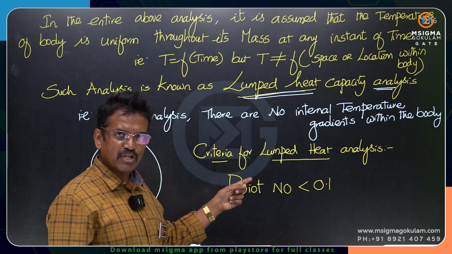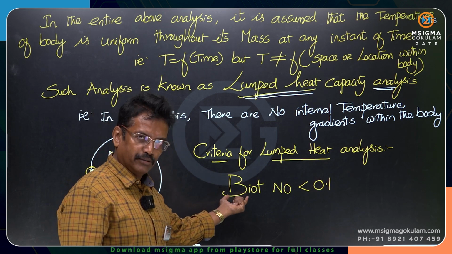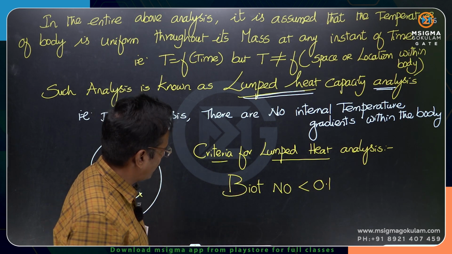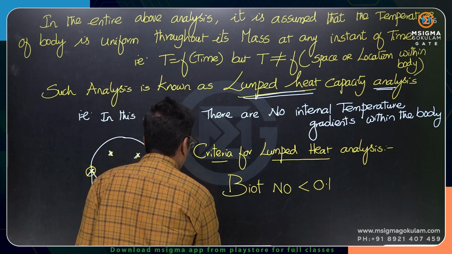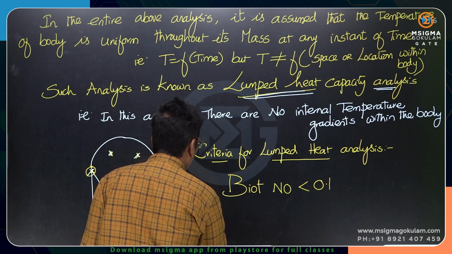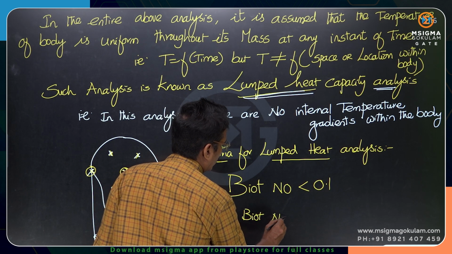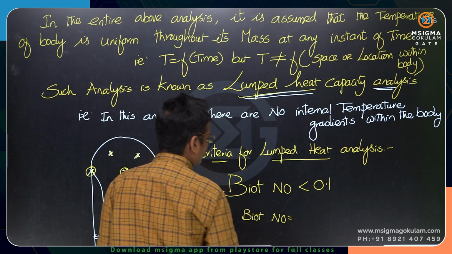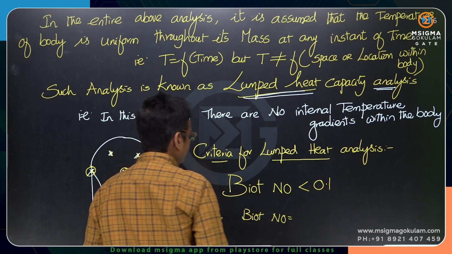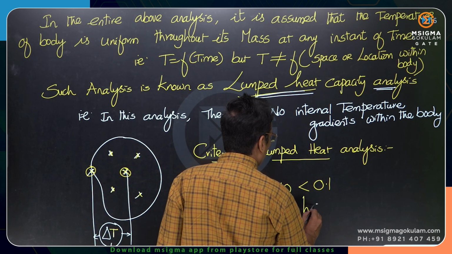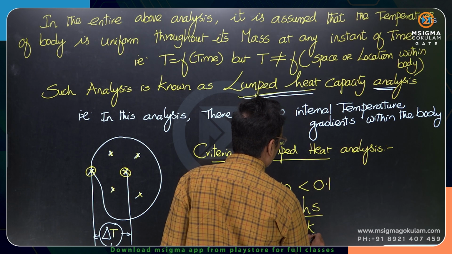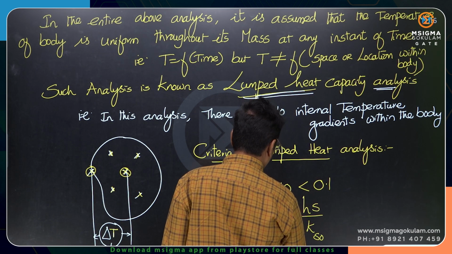The Biot number is a dimensionless number named after a person, Biot, and this is the formula for it: Bi = hS/k of the solid.